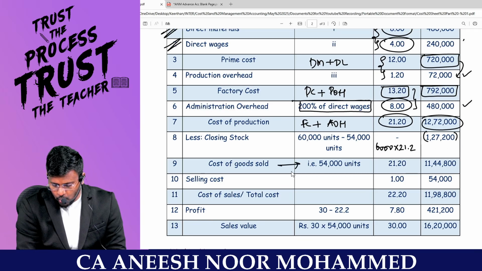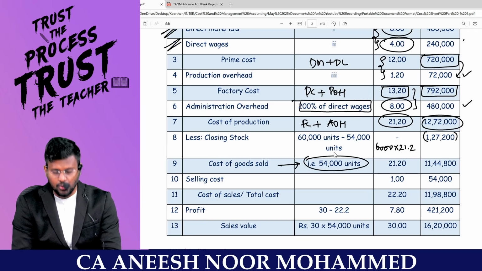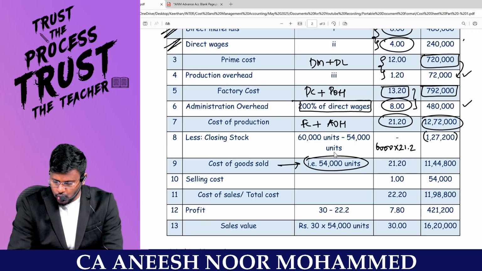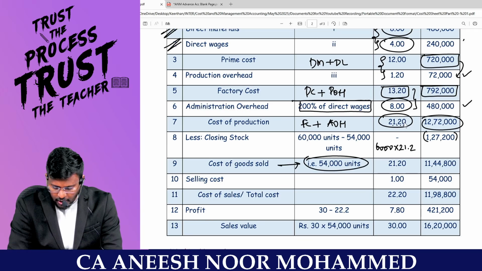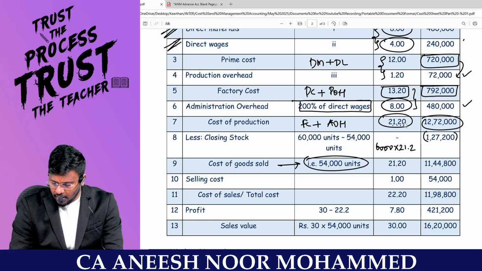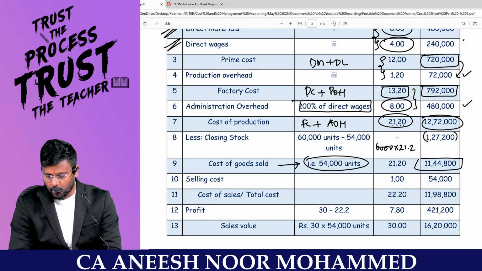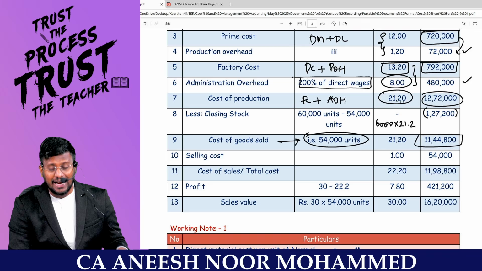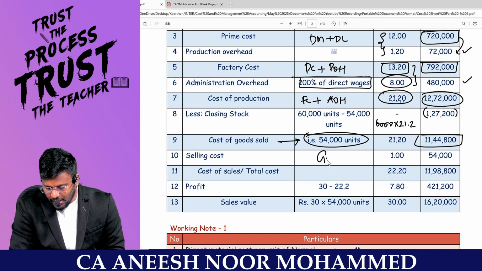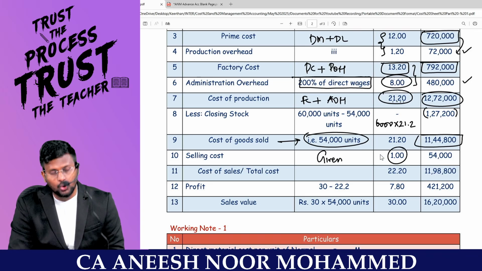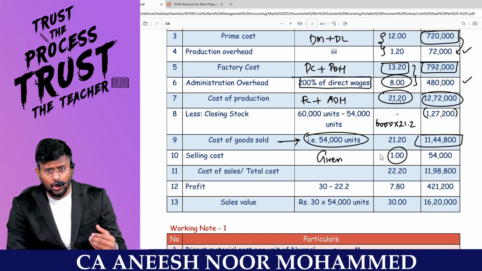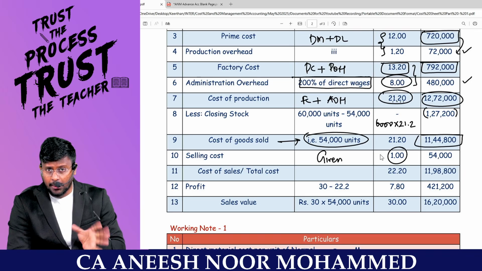So the cost of goods sold is only for the 54,000 units. So 54,000 units should be valued at the current cost of production, that is 21.2, sir, which comes to 11,44,800. Now we have to add the selling cost, which is given in the question as 1 per unit. So for every unit you sold, not the number of units produced.